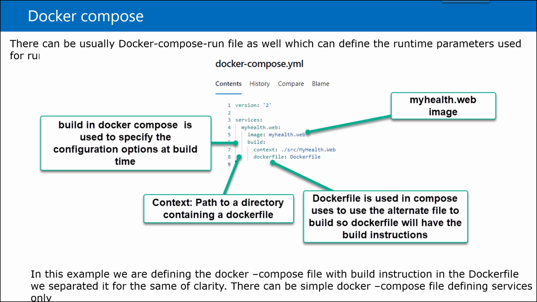Build is used to specify the configuration options at build time. So this is a build element, and then this is a context, and this context means the path where your Docker file is kept, so that whenever you run this build, this Docker file will be used. And this is the image which will be built when we run this Docker file.